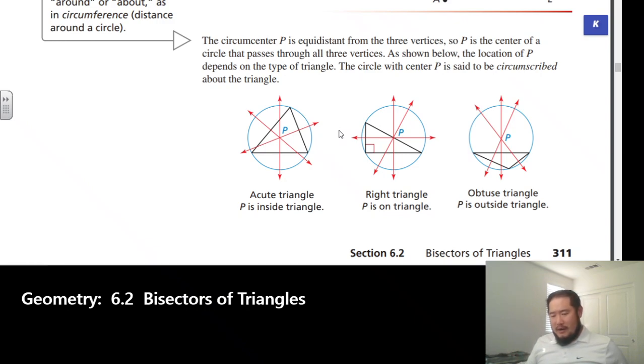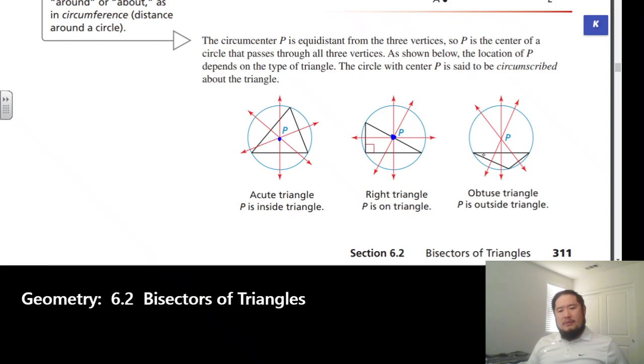On the inside right here, we have an acute triangle. There's your circumcenter. In a right triangle, it happens to be on the triangle itself, and you can see it is on the hypotenuse of the right triangle.